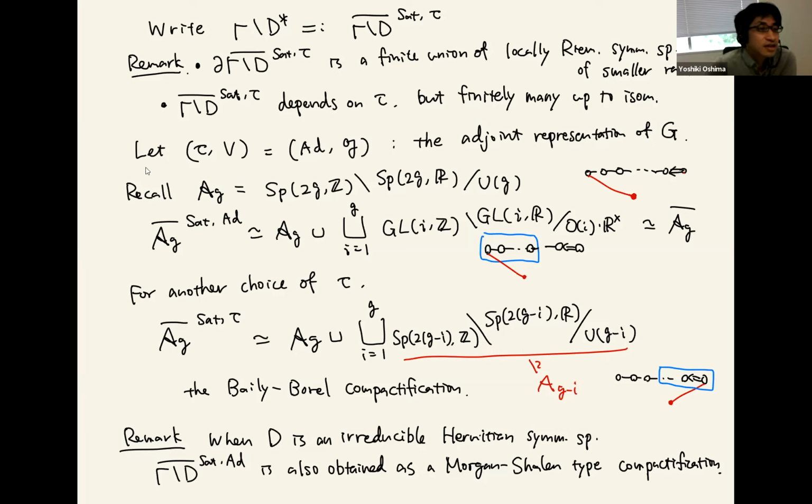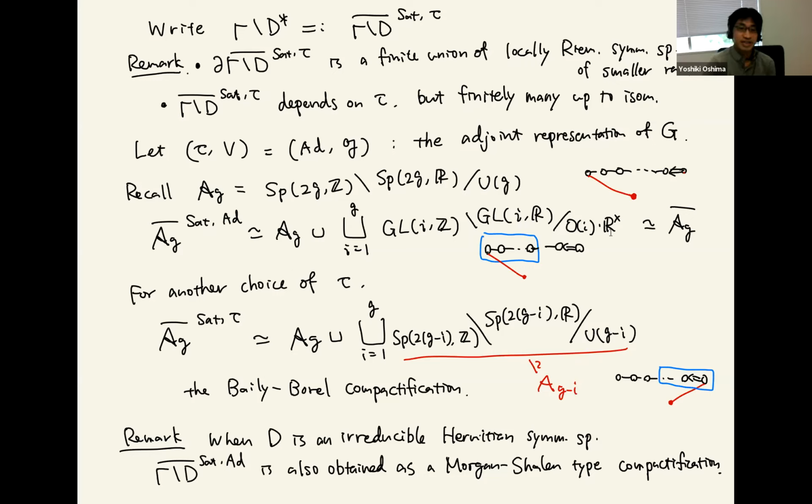So the important case in our talk is the case where tau is the adjoint representation of G. For any G, we have a natural action on the Lie algebra, called the adjoint representation. Then we apply the Satake compactification for this adjoint representation to this Ziegel modular variety, and we obtain this compactification.